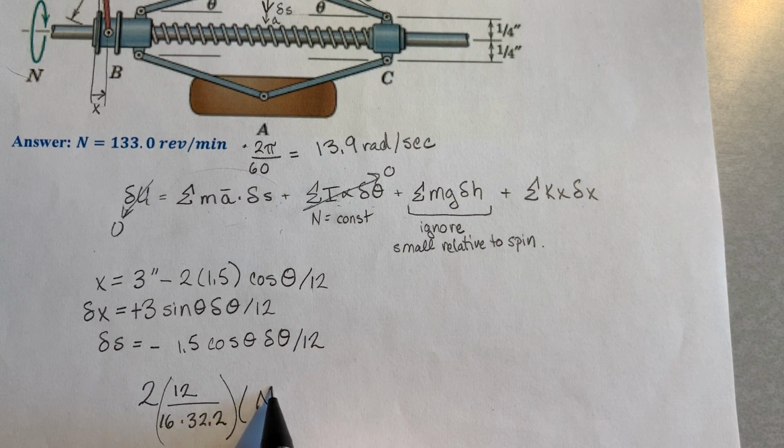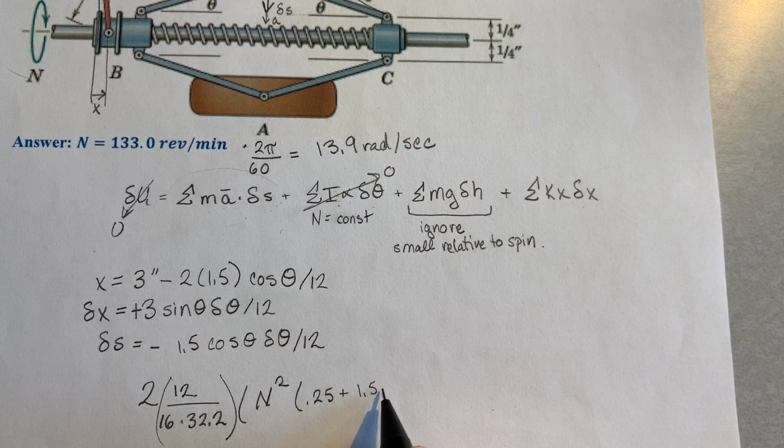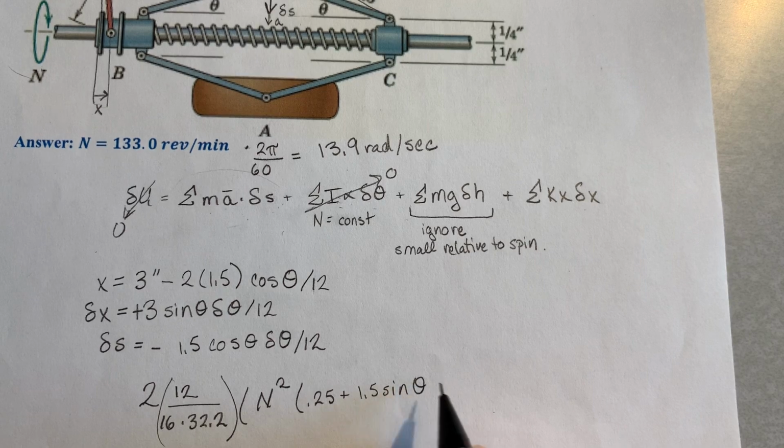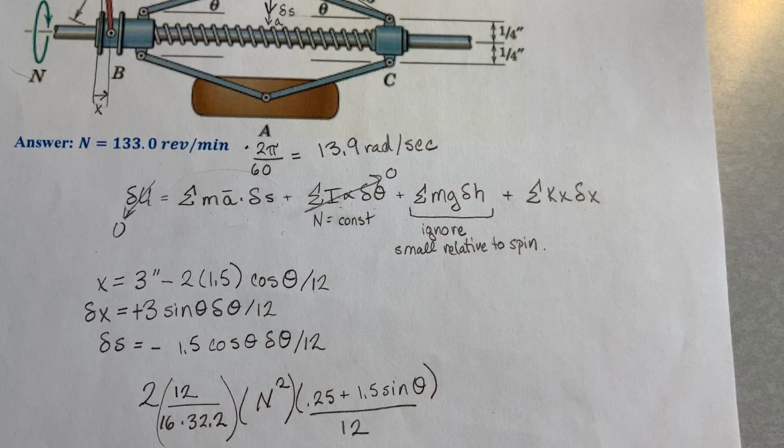The angular velocity is what we don't know, that's n, and the radius we do know is 0.25 plus 1.5 times the sine of theta, and we're going to divide that by 12 to keep things in feet. All right, so this is our acceleration.